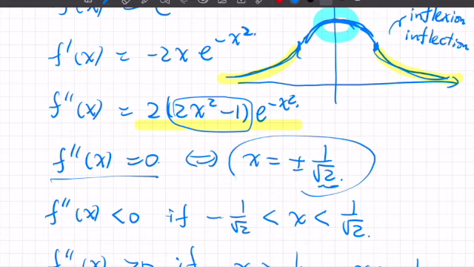So these points, x equal to 1 over square root of 2 and negative 1 over square root of 2, are the inflection points of this function.